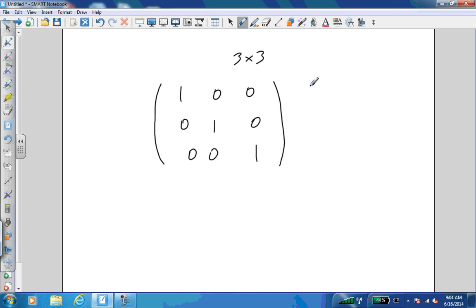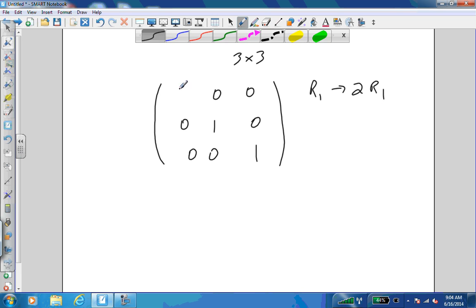If we want our first row to be twice our previous first row, then in the first row, we change the first element to a 2. So when we multiply a new matrix by this, I'm multiplying that times the first, so I'm doubling the first, and then I'm not doing anything to the rest of them. So that will double our first row.